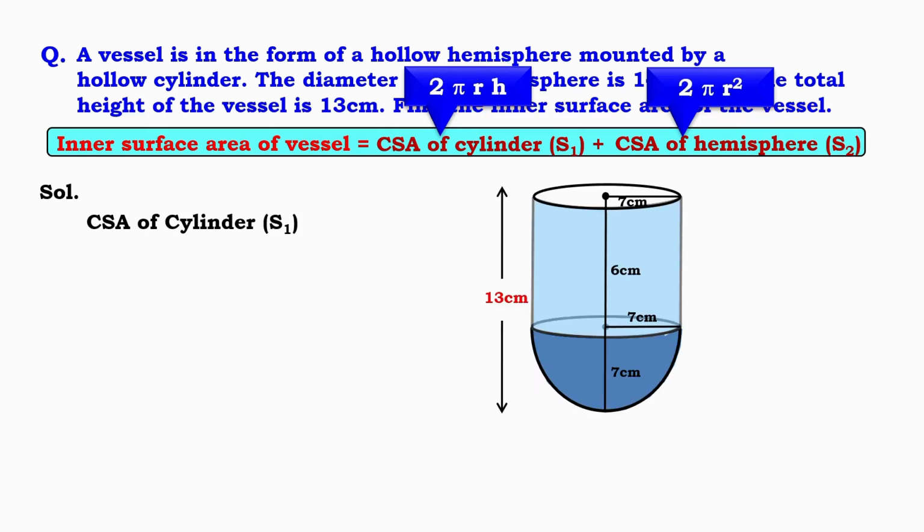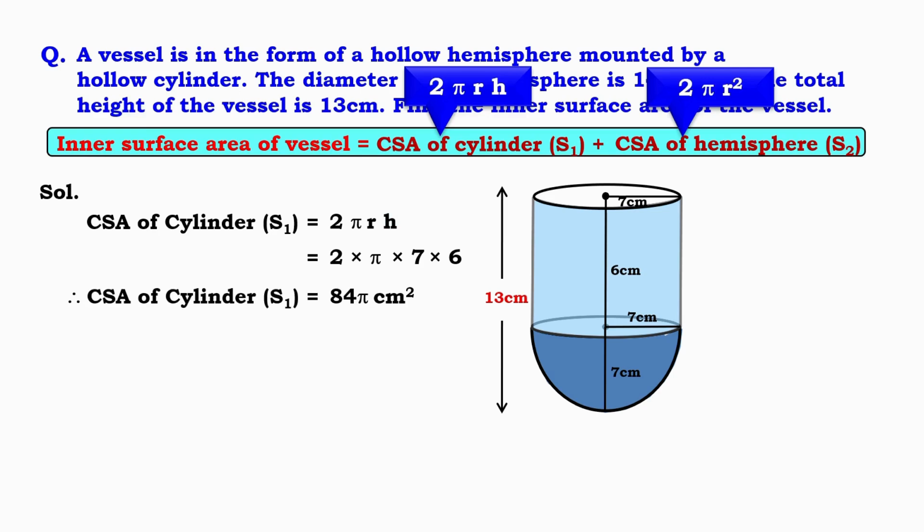So now let us first find the CSA of the cylinder, that is equal to 2 pi r h. So 2 into pi into, now r is 7 and h is 6 centimeter. For now let us keep pi as it is. So it will be 84 pi centimeter square.